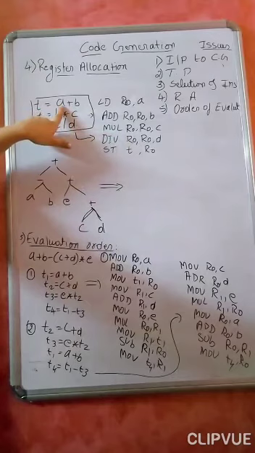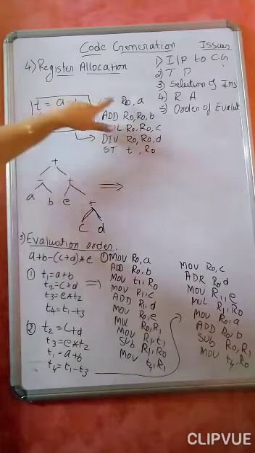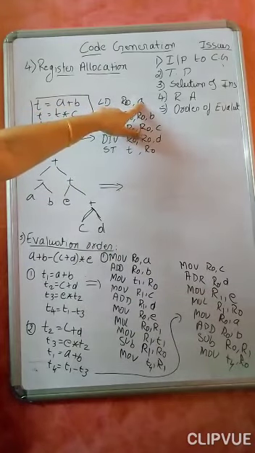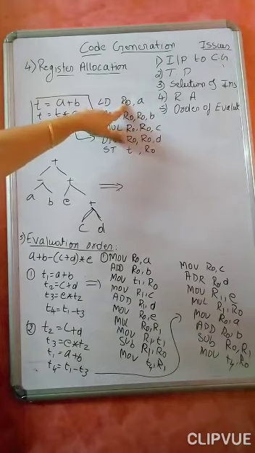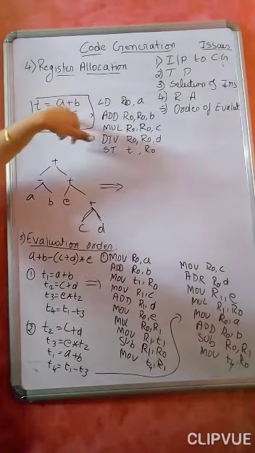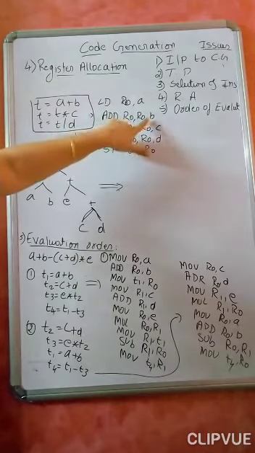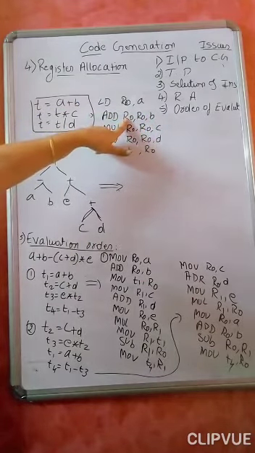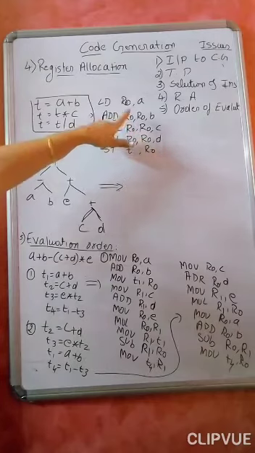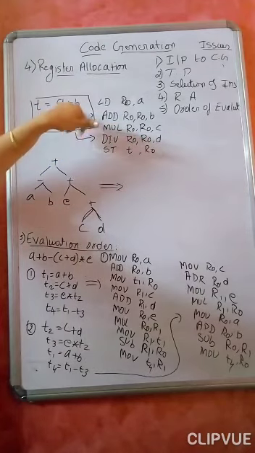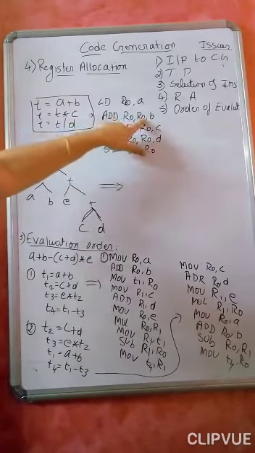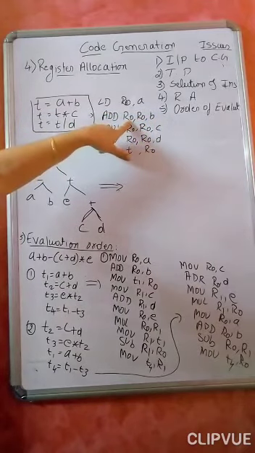Initially I load A into the register R0. Then I add B to R0, and the result is stored again in R0. So R0, the same register where A is, I am adding to B, and the result is stored in R0.